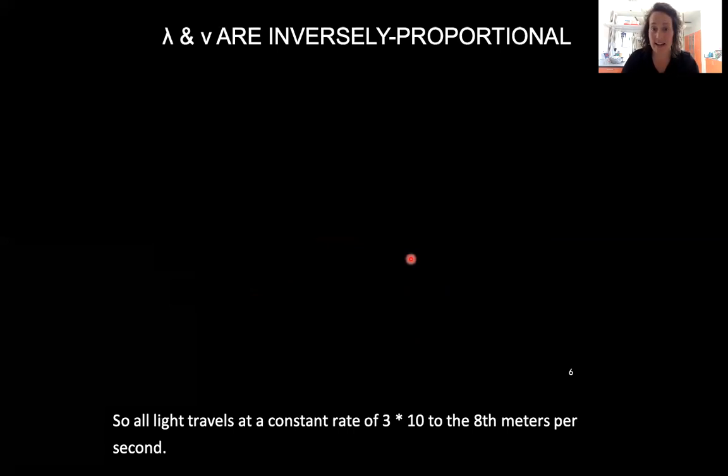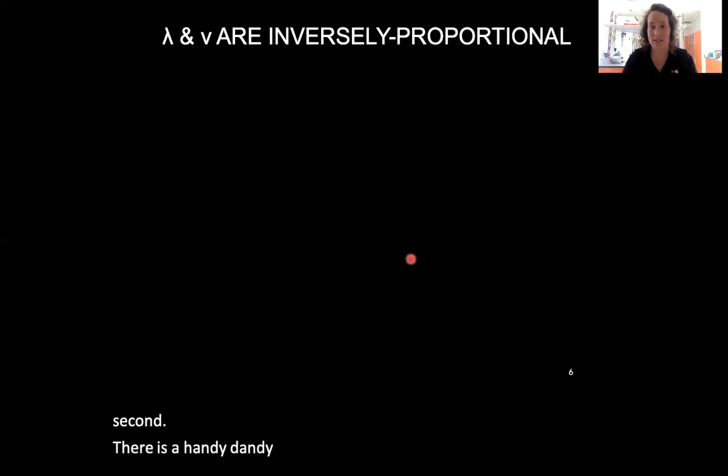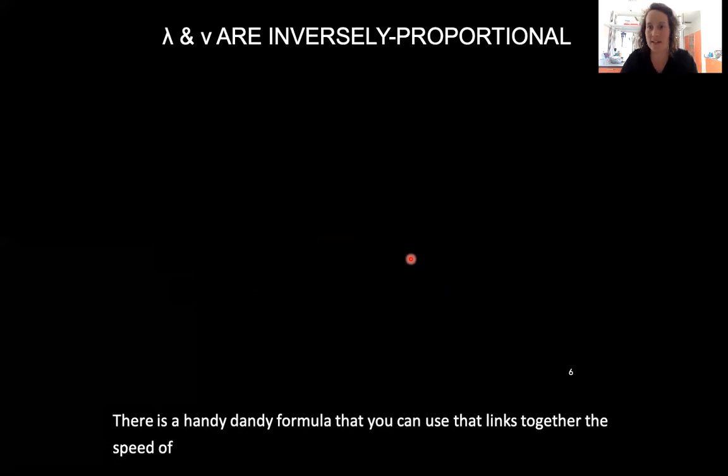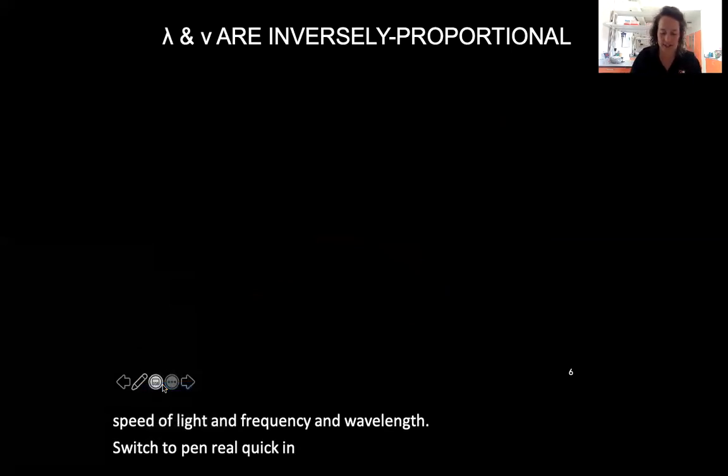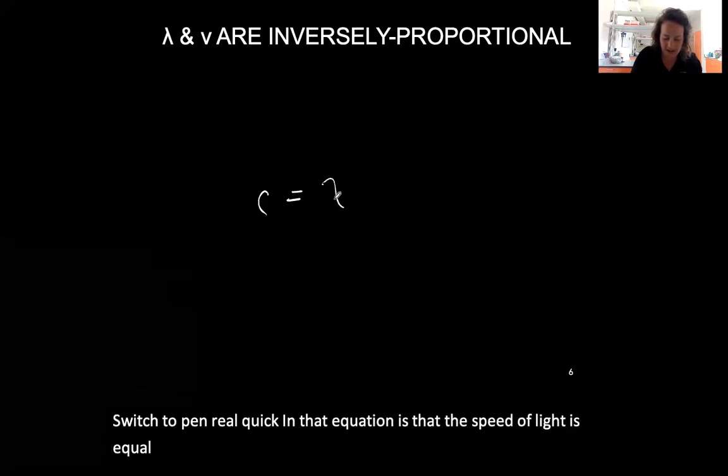There is a handy dandy formula that you can use that links together the speed of light, frequency, and wavelength. And let's switch to pen real quick. That equation is that the speed of light is equal to the wavelength times the frequency of that light.